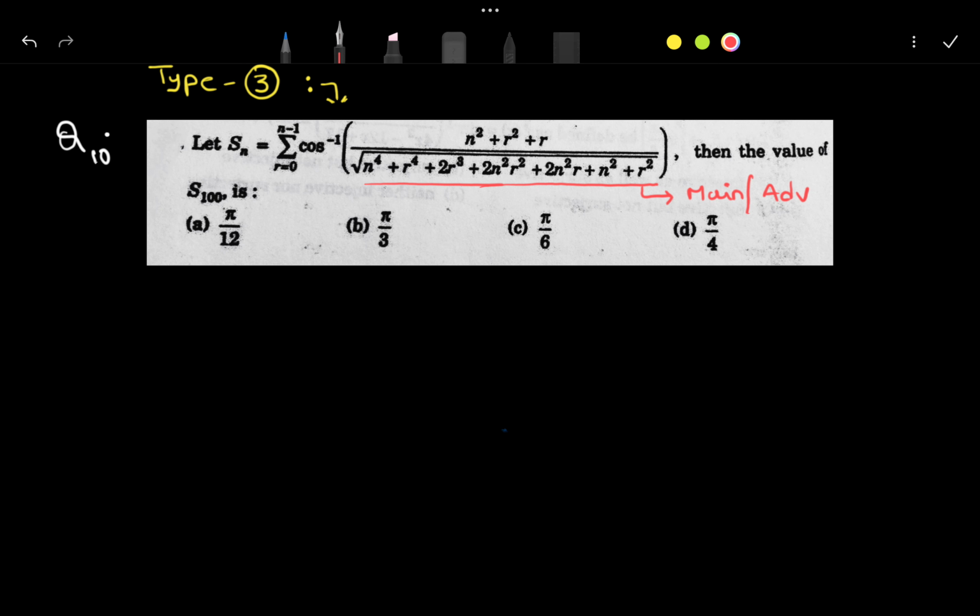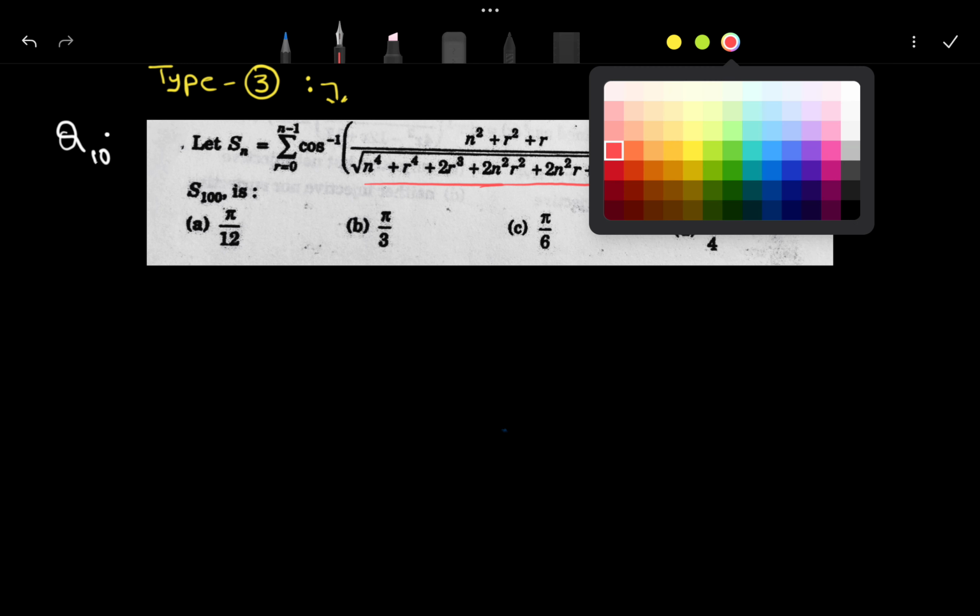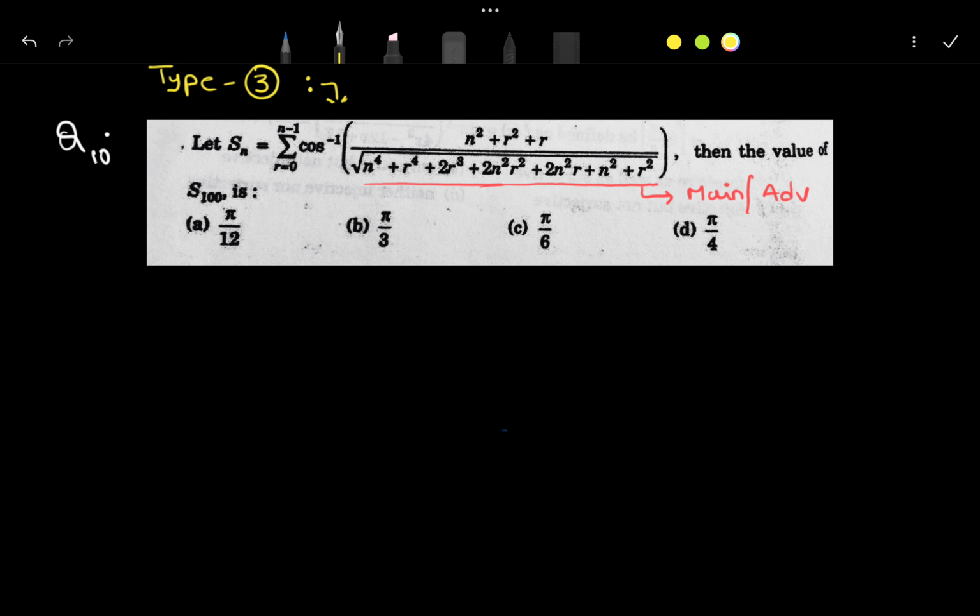How to simplify? It's looking like a very big and difficult question, but simply it is a very easy question. First, before going to the solution, write down one well-known formula. What is that formula? (a + b + c) whole square. You know this formula.